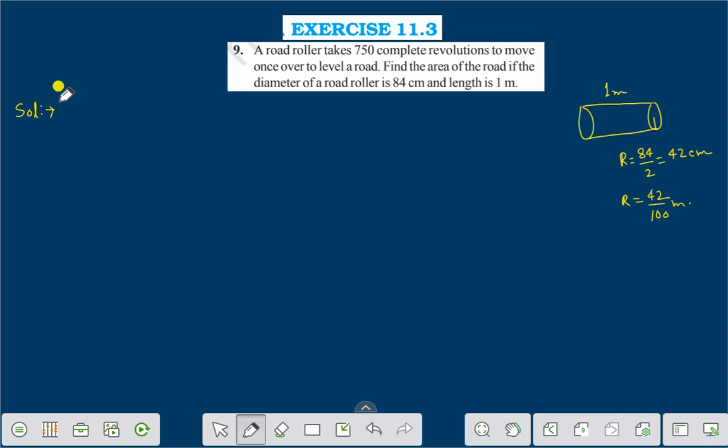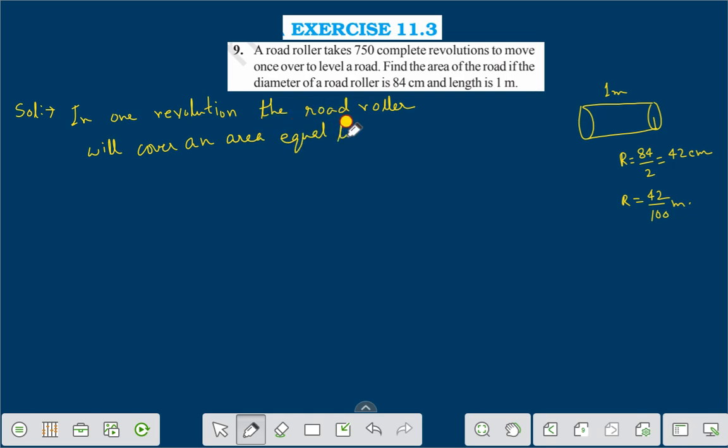In one revolution, the road roller will cover an area equal to the lateral surface area.